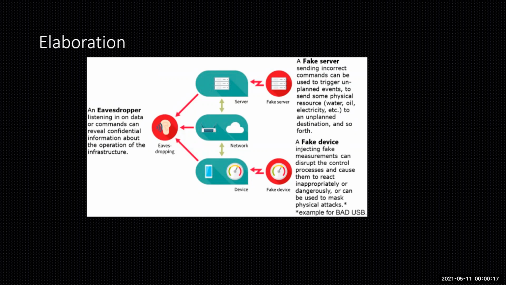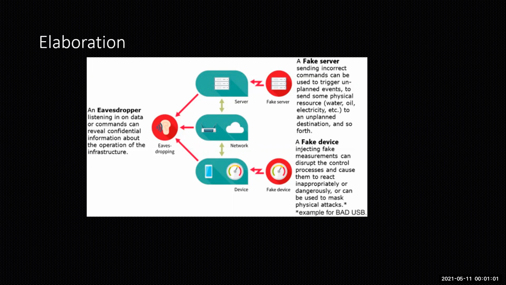So to convey the idea of security and what the potential consequences are, I have this diagram that I would like to show you all. So we have an eavesdropper, correct? And with that, there's a fake server and a fake device. This is an applicable example in which there are physical tangible items that can influence and disrupt the servers, networks, and devices themselves that are legitimately there for a purpose or a functionality.